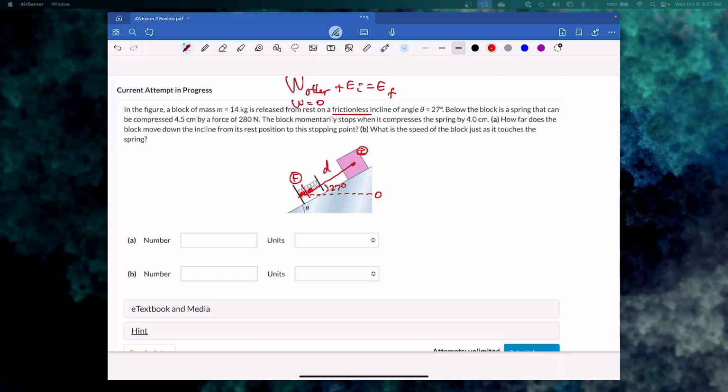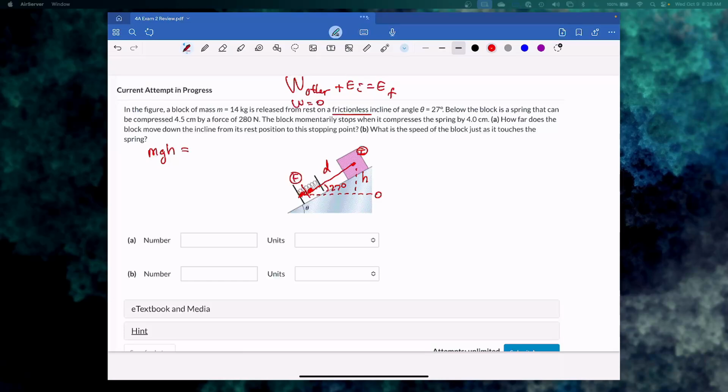Okay. Oh, okay, well, we'll get there. So energy initial, what does it have at the initial point? Of gravitational potential energy, right? Okay, where H is this distance right there. All right, and then at the final point, does it have any energy?